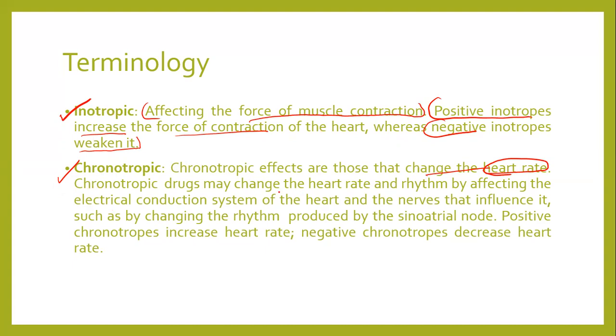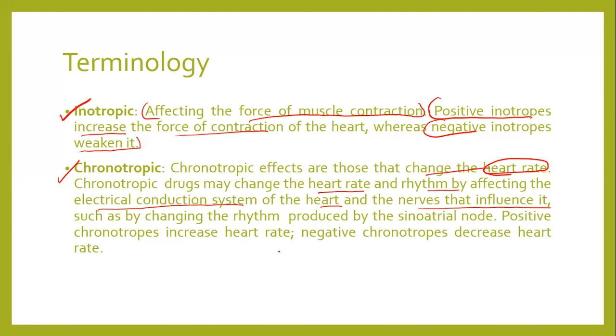Chronotropic drugs may change the heart rate and rhythm by affecting the electrical conduction system of the heart and the nerves that influence it. By stimulating a certain nerve like the vagus nerve, we can also change the heart rate.